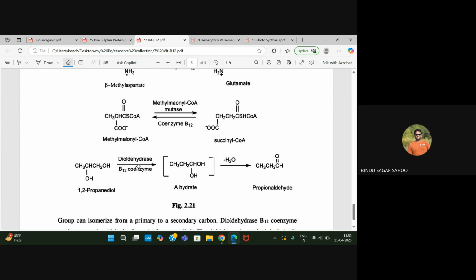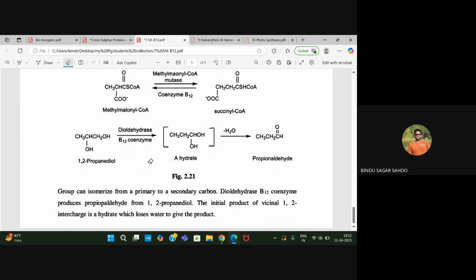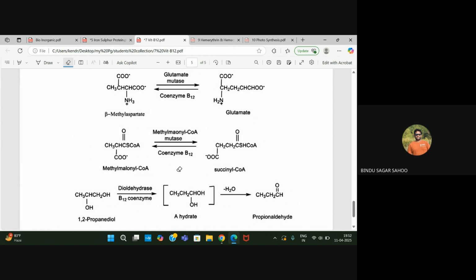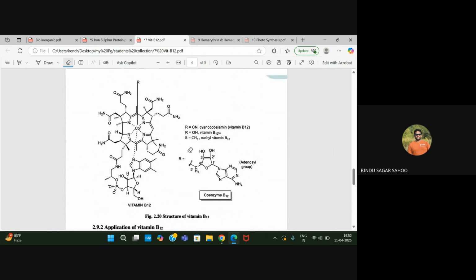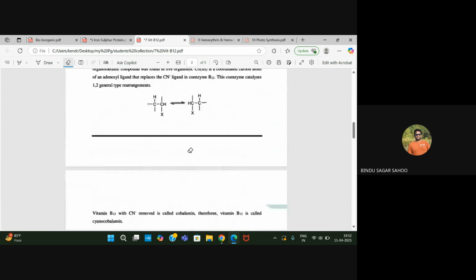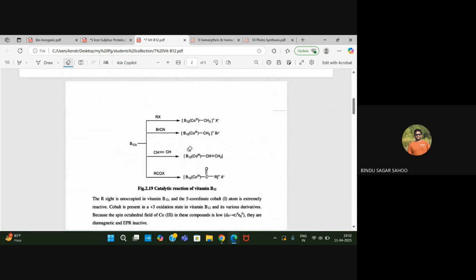So we can say group shifting transfer reactions mostly occur in the presence of the vitamin B12 coenzyme, and these are the applications of vitamin B12. So first thing, in all metalloenzymes, we need to remember its function, its structure, and its active site. These things are very much important.